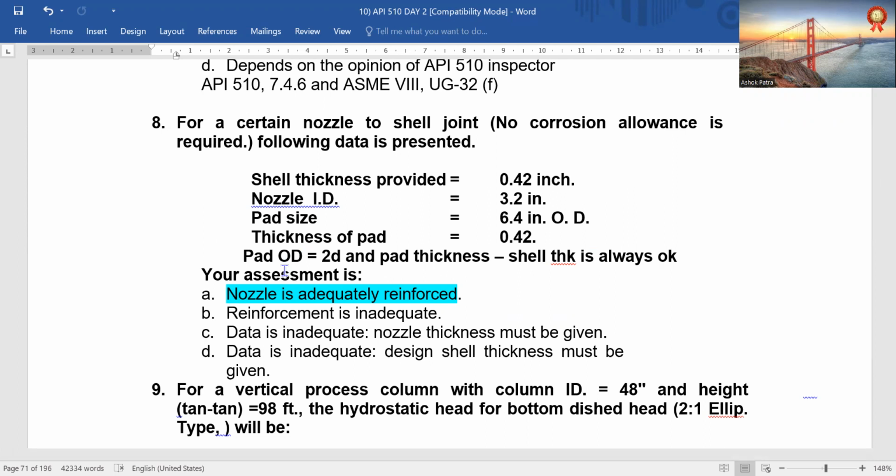Nozzle is 3.2. Pad size is 6.4. Thickness of the pad is 0.42. Pad OD, and pad thickness, shell thickness is always okay. So your assessment is pad OD is 2D.